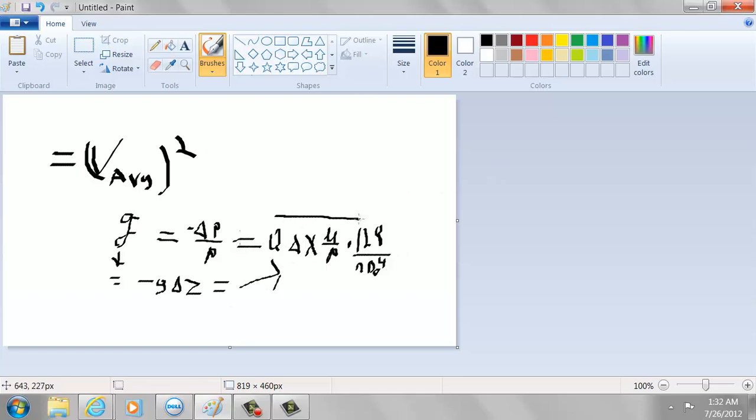So this is really important. And this is for laminar flow only, not turbulent. If you use this for turbulent flow, you will assuredly get the wrong answer. Laminar only.